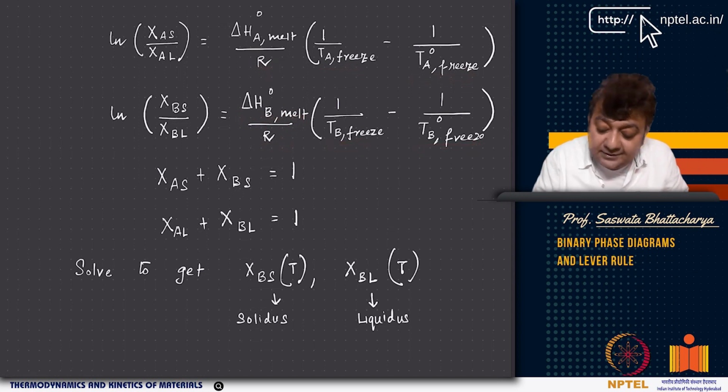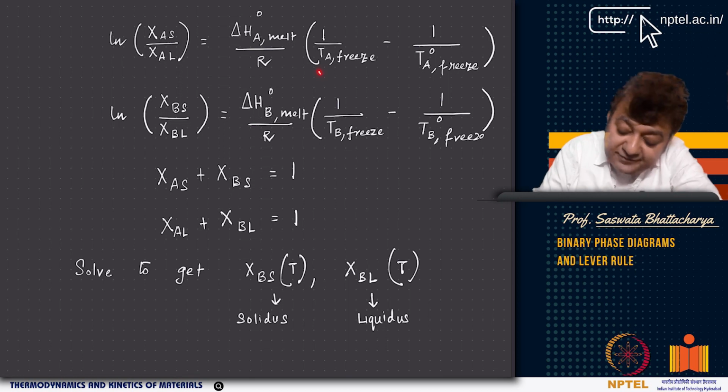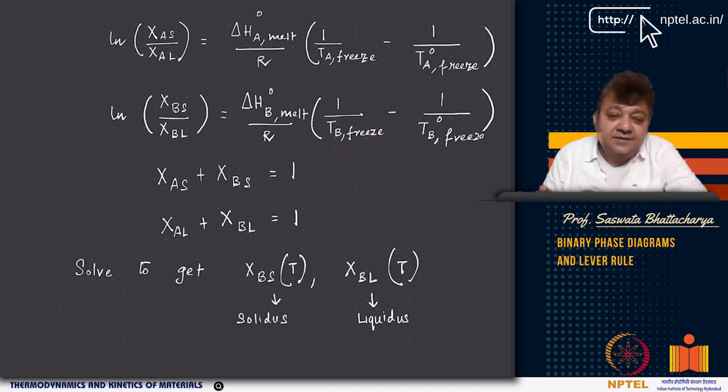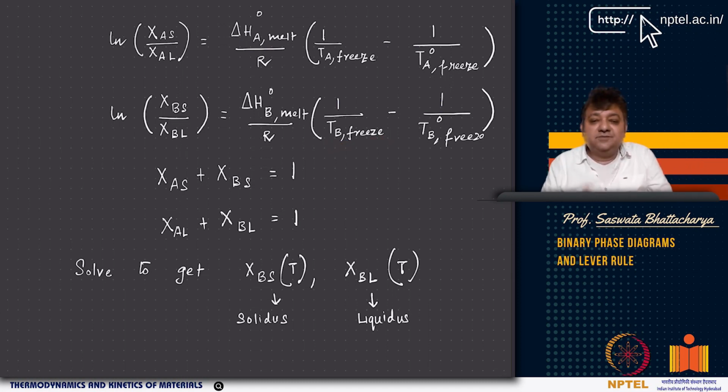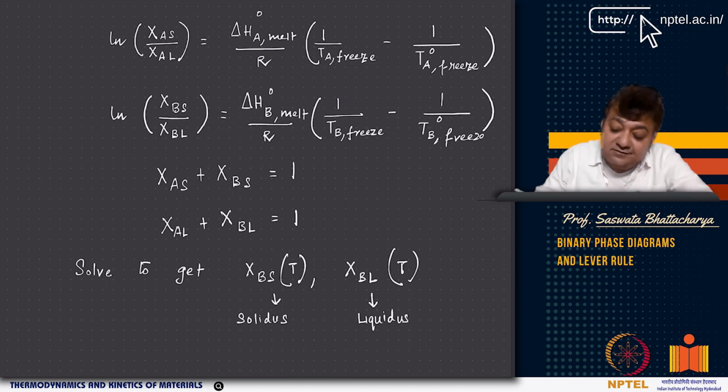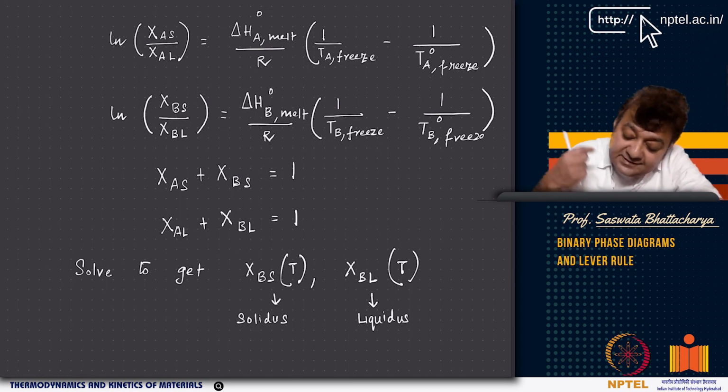Now, TA freeze or TB freeze, the freezing point of component A or the freezing point of component B, since it is infinitely soluble in both, TA freeze and TB freeze are going to be the same across all. They will have the same T freeze.